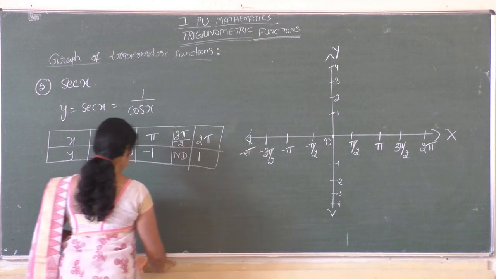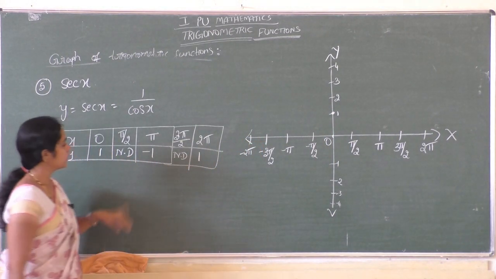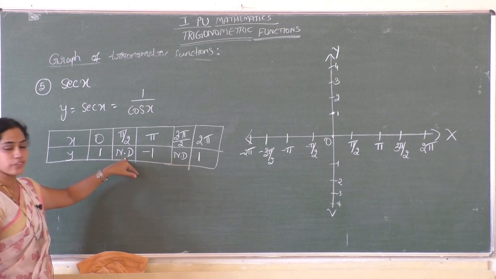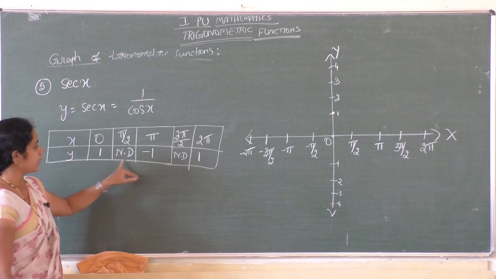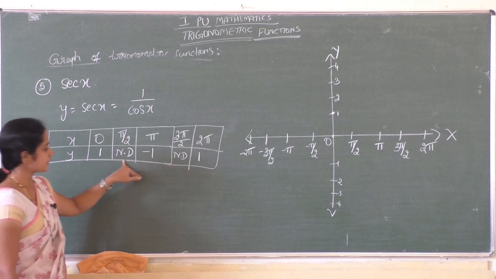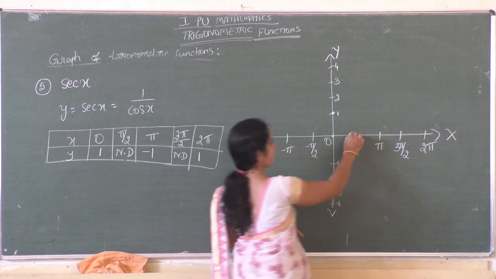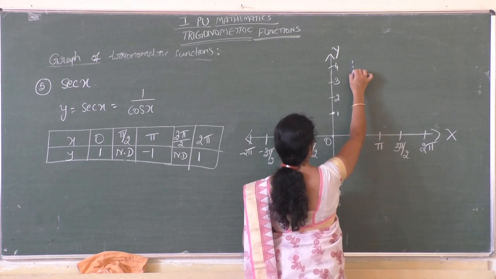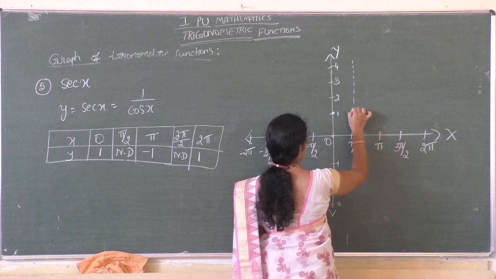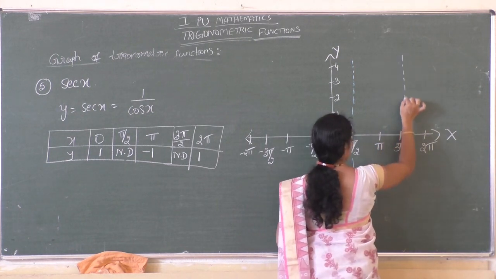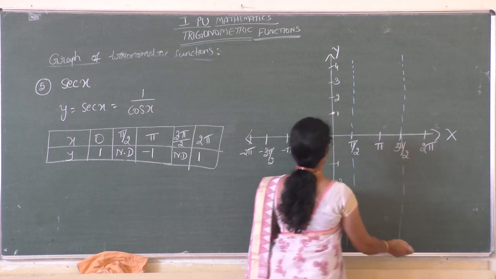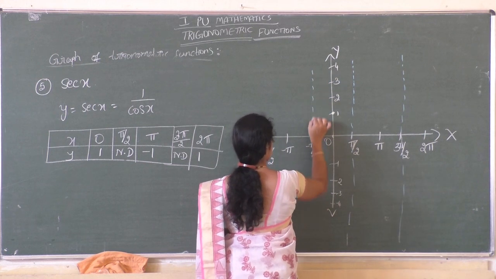Now first we will check for which values the function is not defined. For x equals pi by 2, the function is not defined. 3 pi by 2 not defined. Minus pi by 2 also.